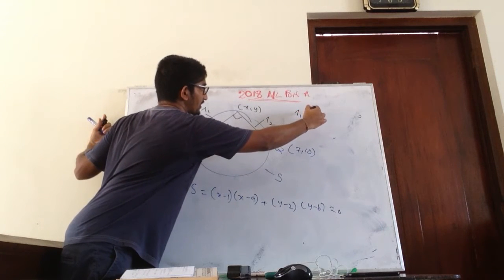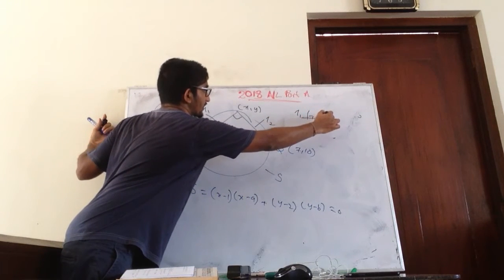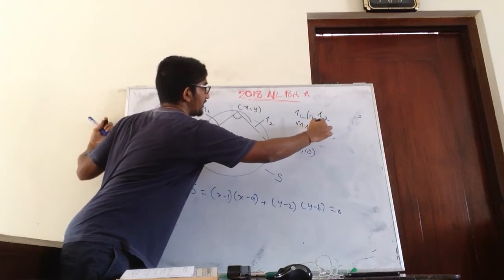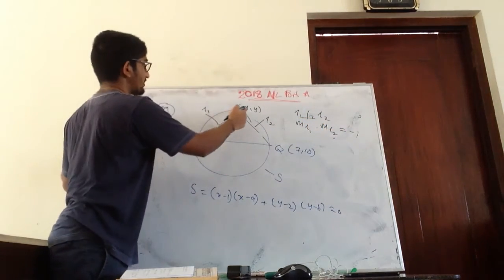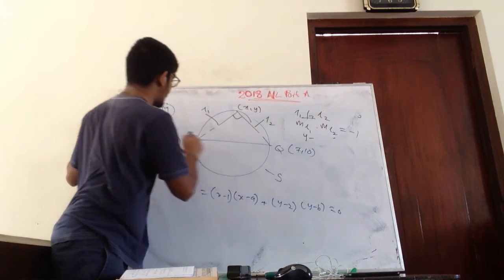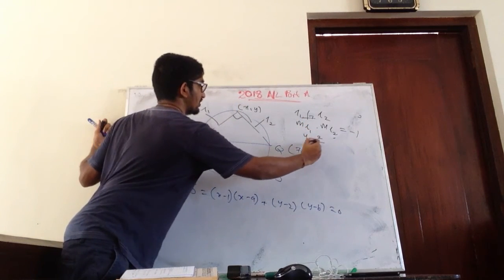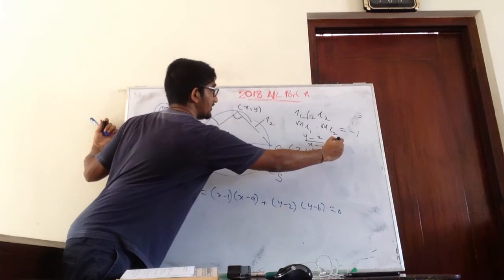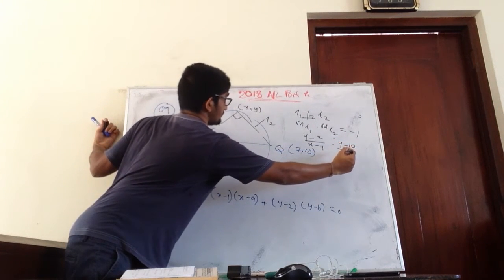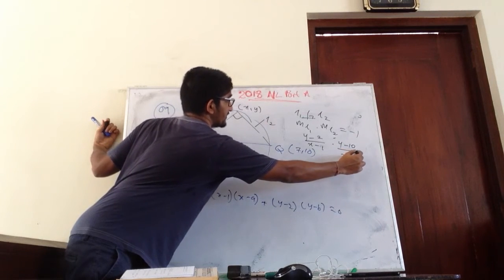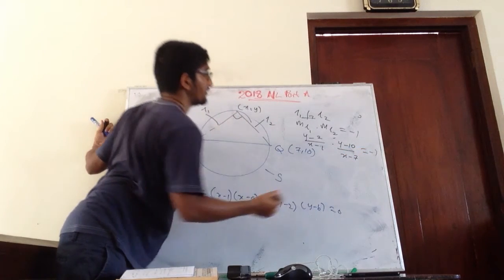Line L1 is perpendicular to line L2, so ML1 times ML2 will be equal to -1, so y minus 2 over x minus 1 into y minus 10 over x minus 7 equals -1.